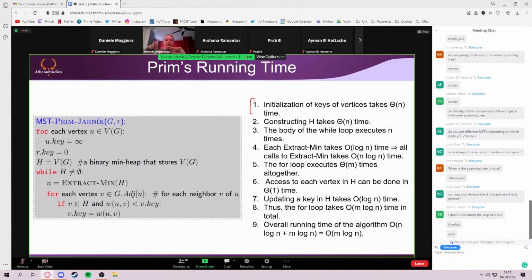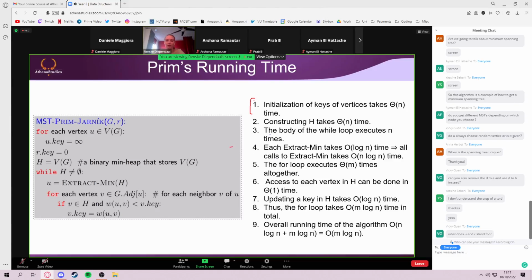And then for each, they extract the next minimum path and then they add it to this. And then, yeah, I think it might make more sense after we've done Kruskal's algorithm. But this is the algorithm that we do.